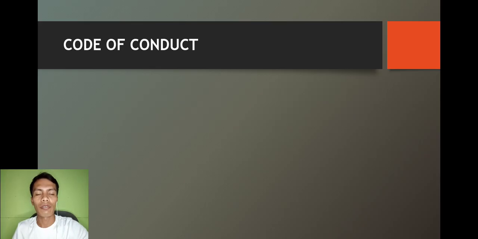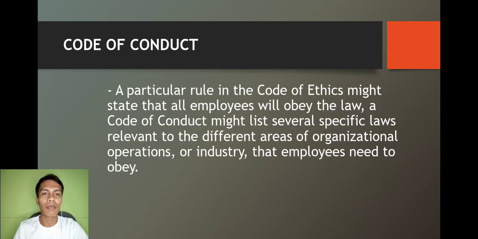Next we have the code of conduct. A particular rule in the code of ethics might state that all employees will obey the law. A code of conduct might list several specific laws relevant to the different areas of organizational operations or industry that employees need to obey. So the code of conduct is a part of the code of ethics, and also states that all employees will obey the law.